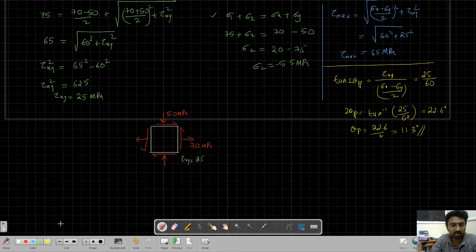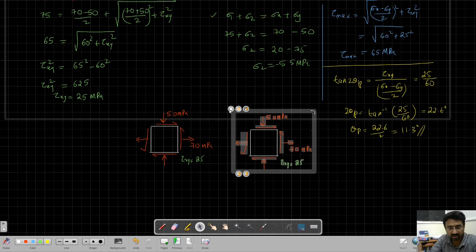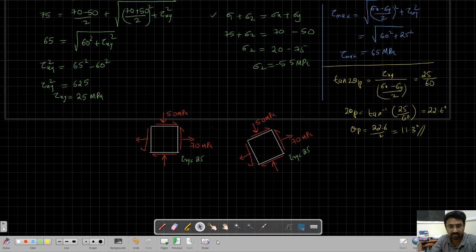Now if I make a copy of this and rotate this, the angle of rotation is nothing but 11.3 degrees. This is the angle of rotation.